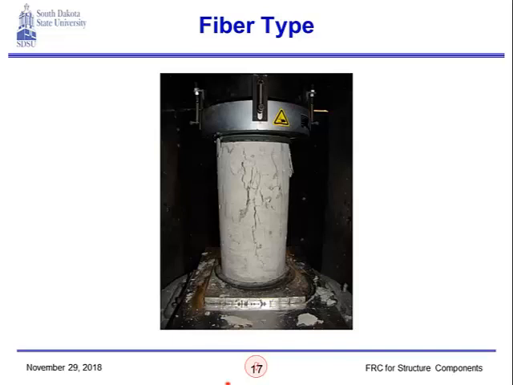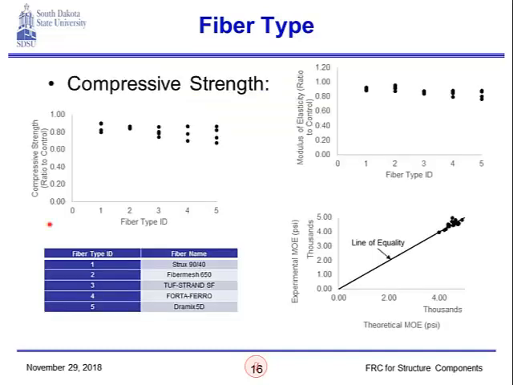If we use the ACI equation, which is 57,000 times the square root of f'c, we get very good correlation, as I showed in one of the slides here. So this is the experimental one, and it's matching really well with the theoretical one, and the theoretical one really depends on the compressive strength. So the measured modulus of elasticity is exactly what we expect given our compressive strength.